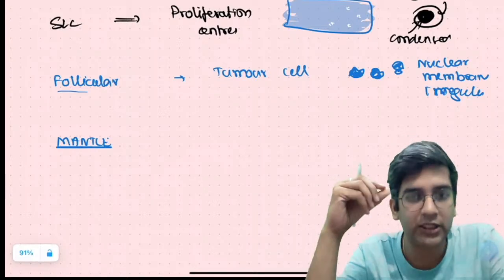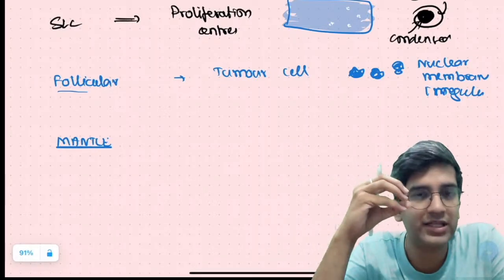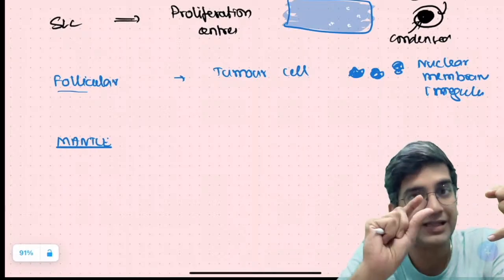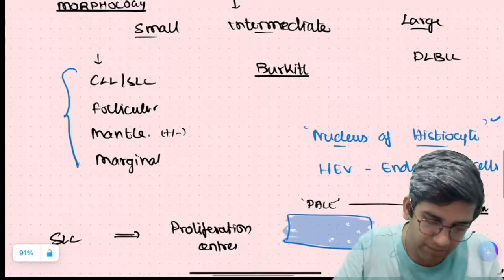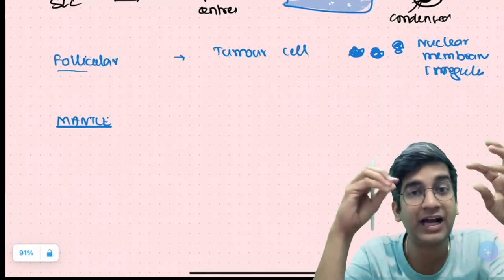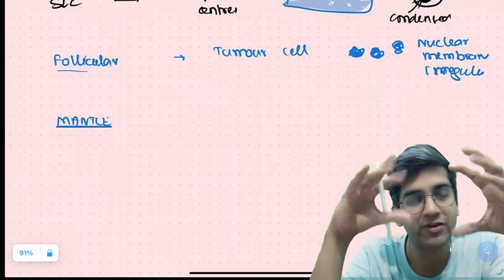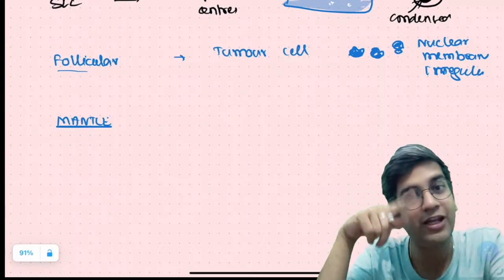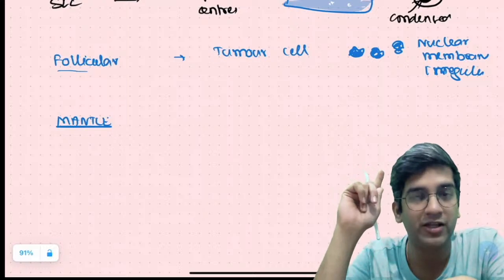If you look at WHO, it says there is blastoid mantle, which looks like a blast, a little bit bigger. That's why I said mantle could be plus or minus here. Blastoid mantle cells are not small, they are a little bit bigger. I have pleomorphic mantle, where cells might have a very irregular contour with prominent nucleoli like your follicular.